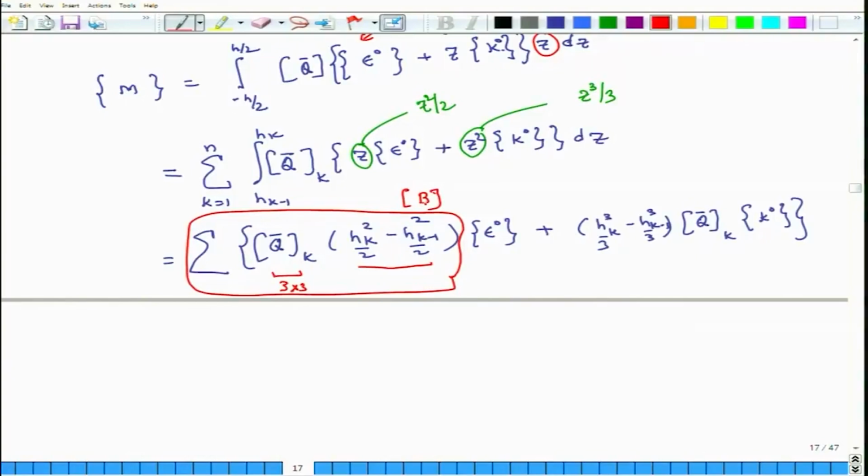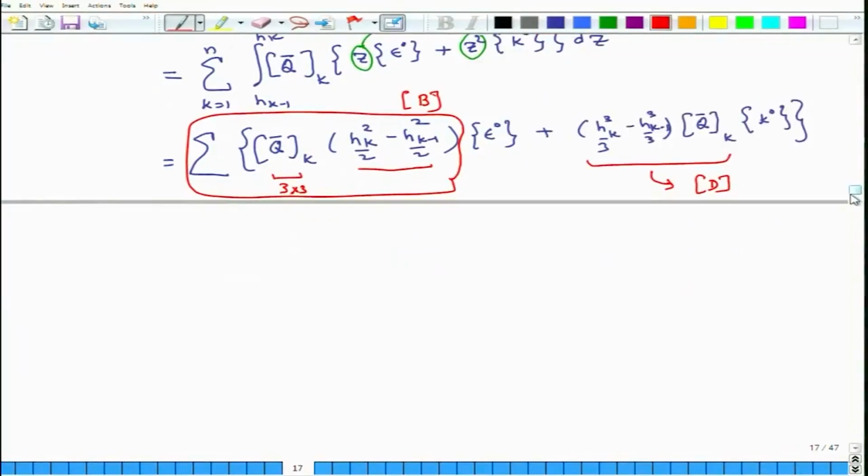Similarly, if you sum up this other term, it gives you another matrix that we will call the D matrix. So, I can say that the moment resultants Mx, My, Mxy are a 3 by 3 matrix B times mid plane strains plus a 3 by 3 matrix called D times mid plane curvatures.